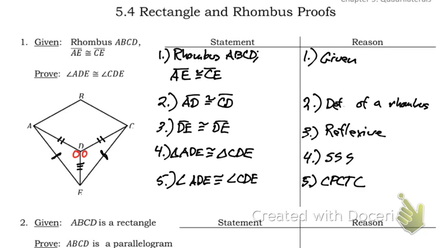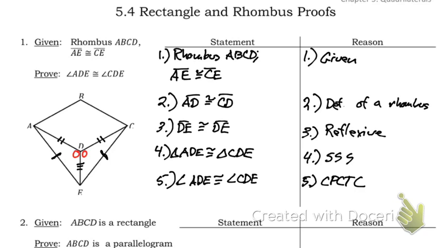So some of these, you're going to go down kind of an errant path, and if it's not working, just go back and try some other fact. So we started off with angle A is congruent to angle C. I couldn't think of how to get that to an angle, so I tried something else. I took what was important about being a rhombus and that we have congruent sides, and then we built 2 congruent triangles, or we showed that those 2 triangles were congruent, which got our parts congruent.